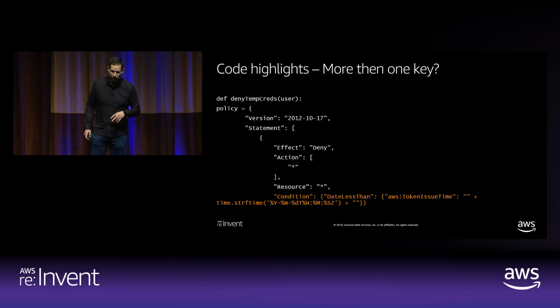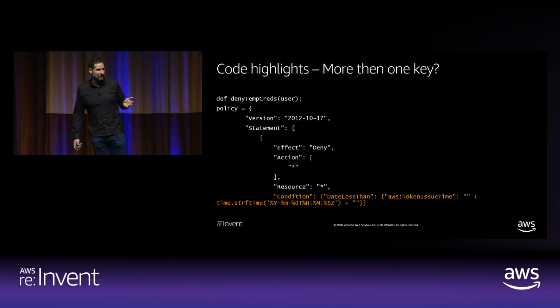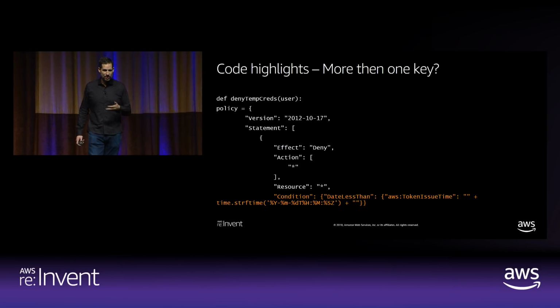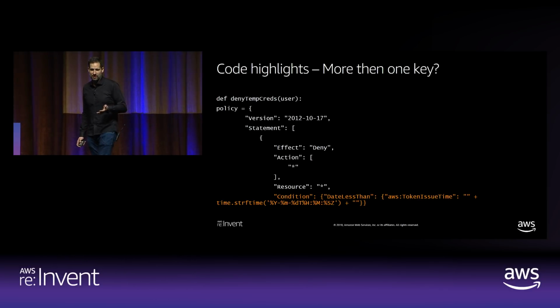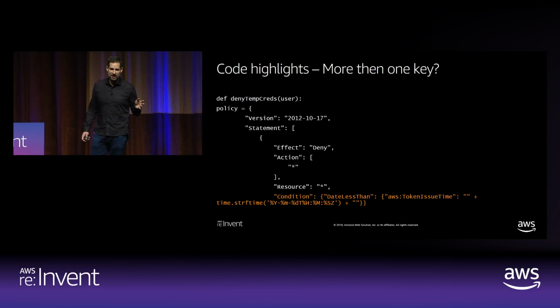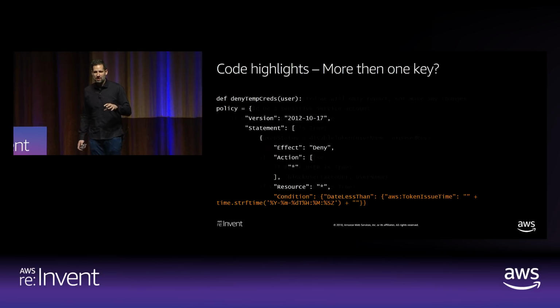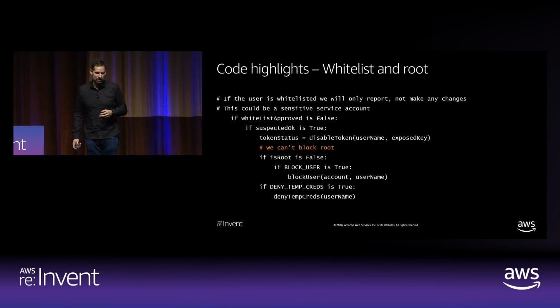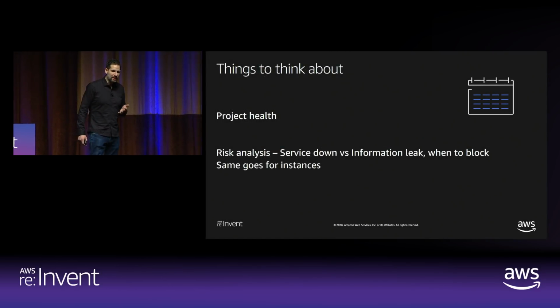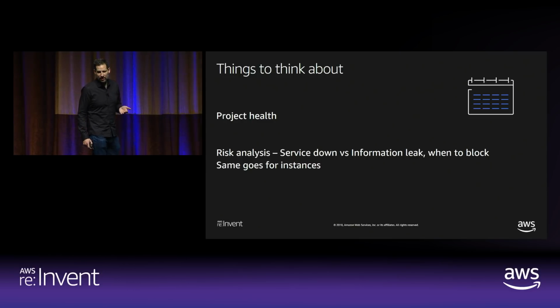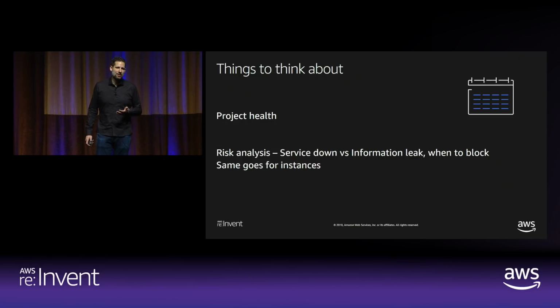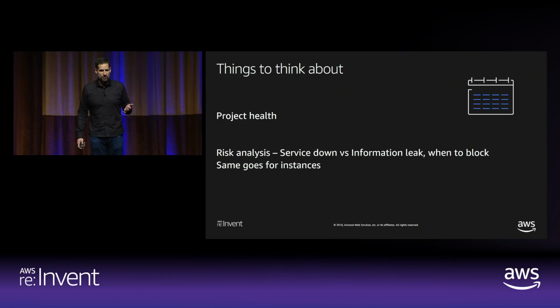Not going to go through the tool. Like I said, it's basically just going to disable access keys based on the situation, and it also supports temporary access keys. We talked more about this last year. The main piece of this is that it now supports GuardDuty, as I mentioned. And this comes down to, what is product health? What is the risk analysis? Do I want to do, for example, forensics, or do remediation?